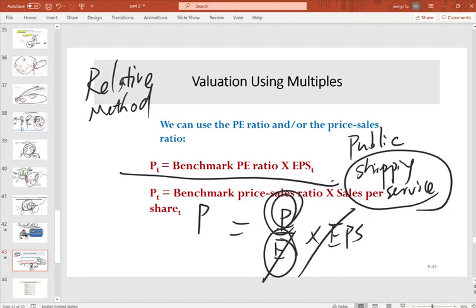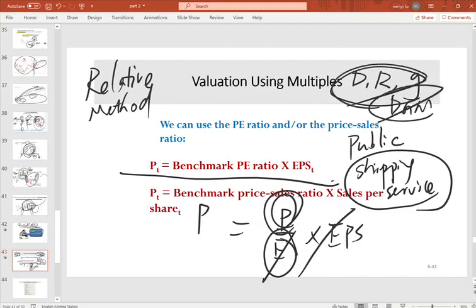However, your company is not public. You don't have a dividend, you don't have an expected return, you don't have a growth rate of dividends. You cannot use our DGM model anymore. How can you still evaluate your company? You can use a P/E ratio.